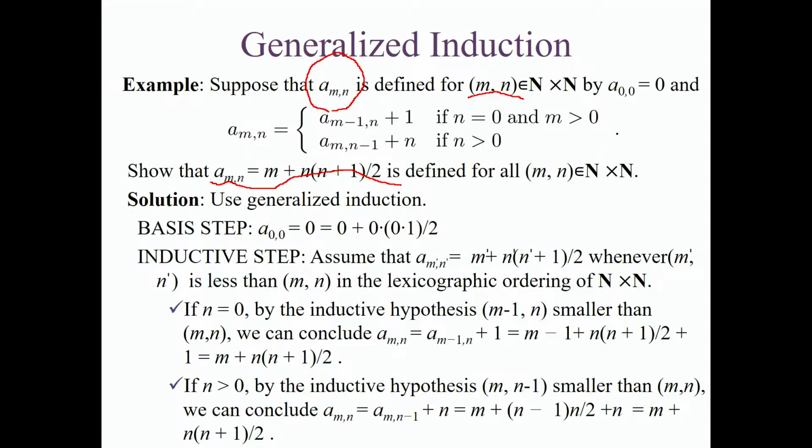This gives us (m minus 1 plus n) times (m plus 1) divided by 2, plus 1. The lexicographic ordering of these terms is smaller than (m,n), and if it is less than (m,n), then it follows our inductive hypothesis. We can use the equation directly.